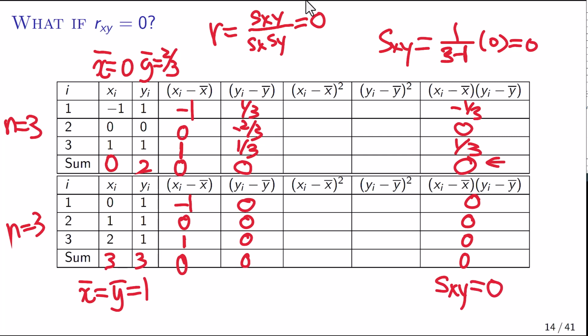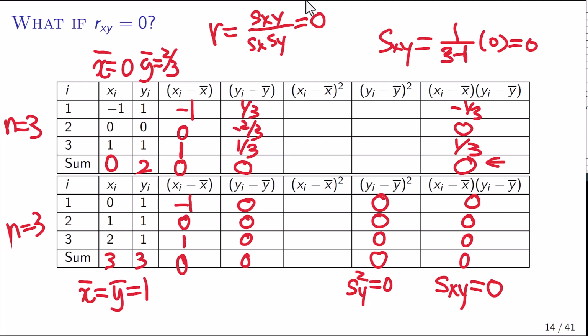But here we have to be a little bit careful, because for R, other than the sample covariance, we have to consider the standard deviations of x and y. In this case, for y, think about it, y does not vary at all, it's 1 all the time. So here it is 0, 0, 0, right? You see right here? So the variance of y is 0.